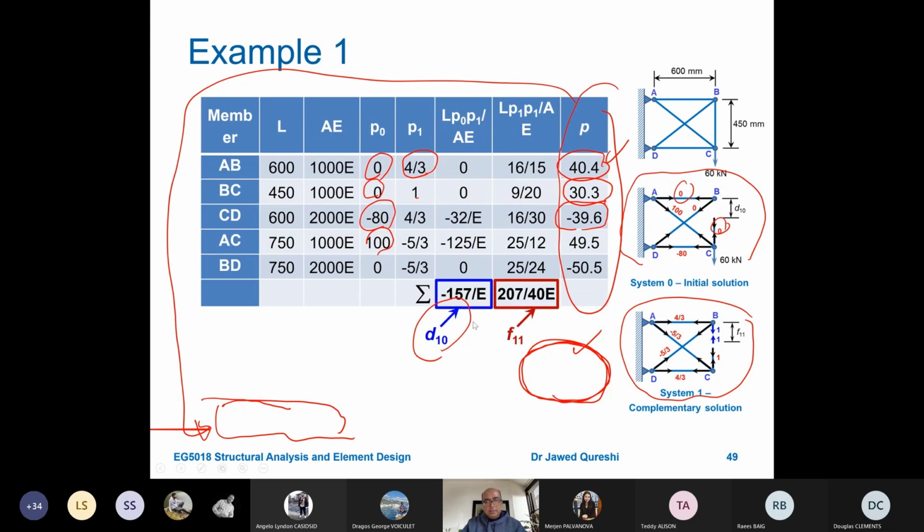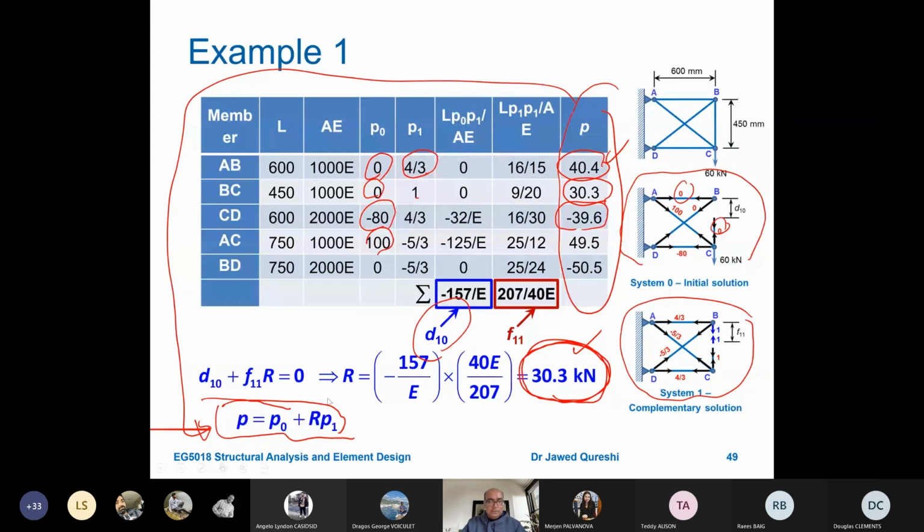And then I summed them up, and then I put them back into this equation, D10 plus F11 into R, where I have these values of F11 and D10. From there, I worked out the value of the redundant, which is 30.3 kilonewton. I found the actual member force, which is equal to P naught plus R P1.